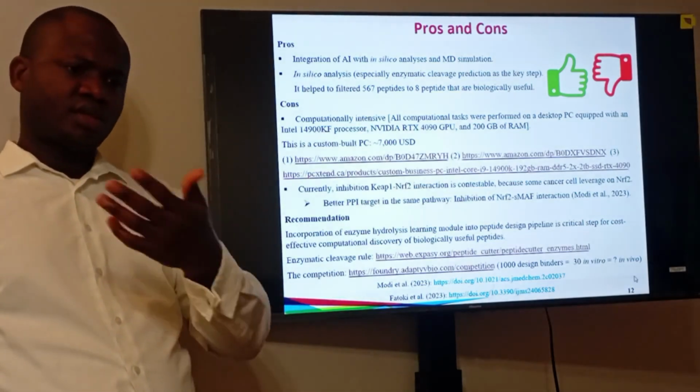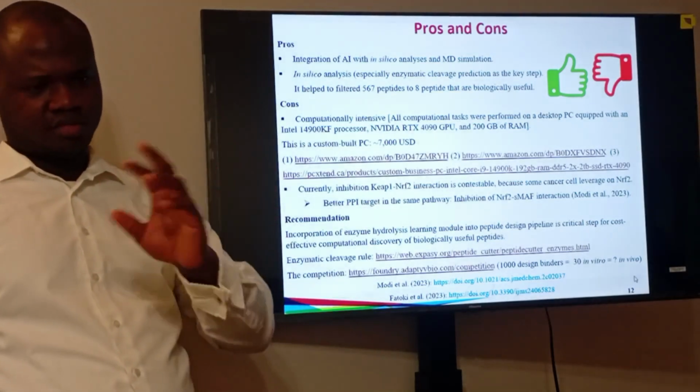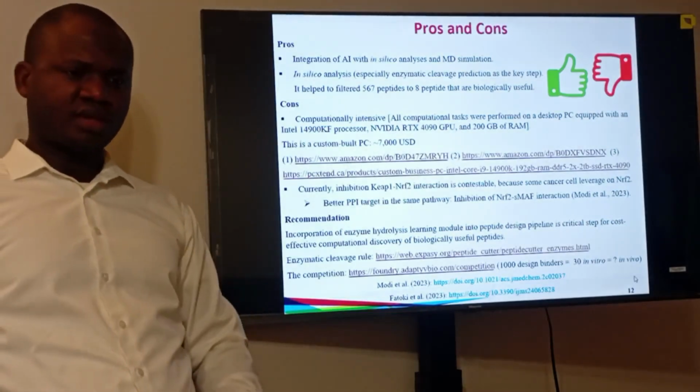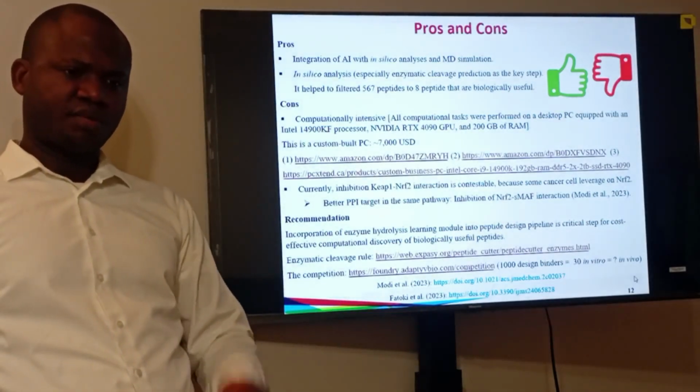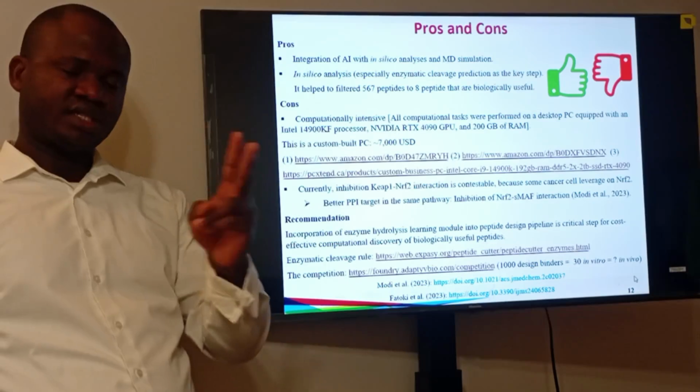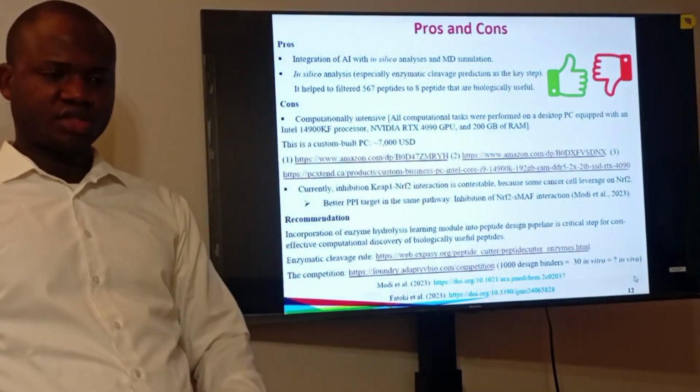For enzyme cleavage sites, for those who want to write the code, you can follow this particular spacy.org peptide cutter and follow the instructions over there. You see different sites where each of the enzymes works.